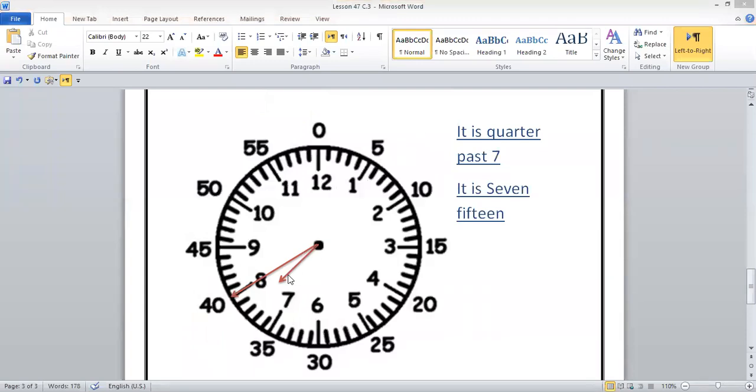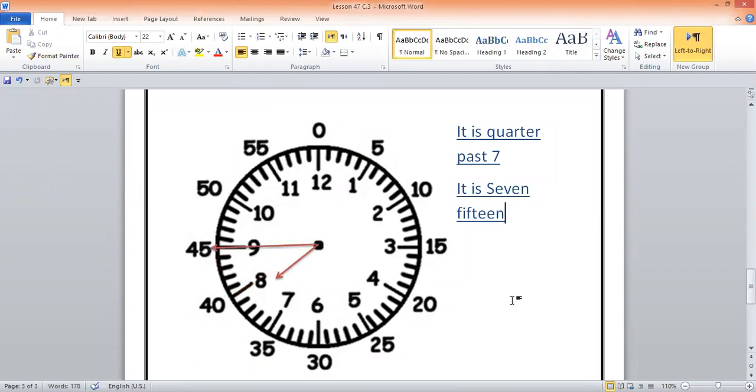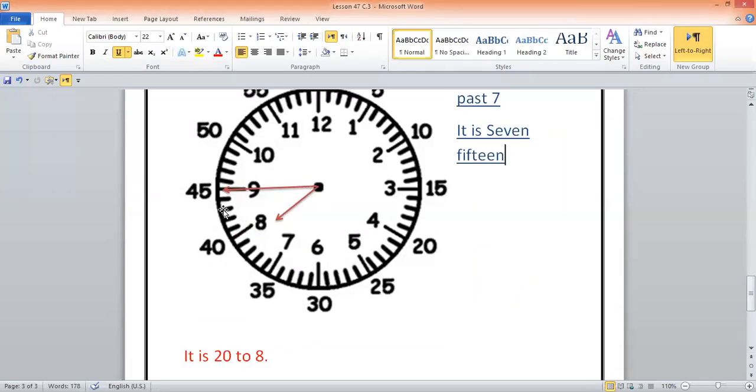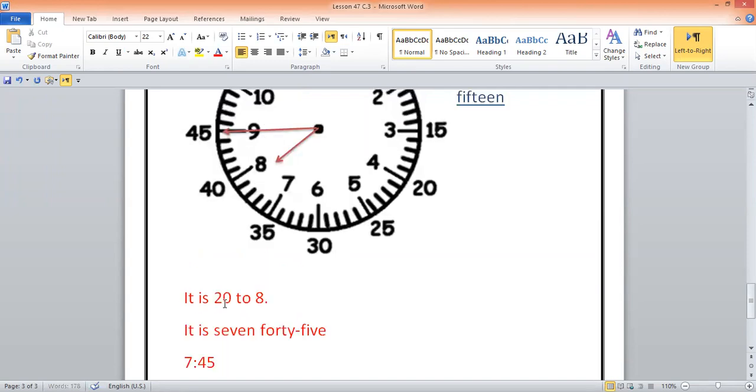Very good. Look, I am going to change the time. It is now at 9. What does that mean, guys? That means it is 7:45. So you can write here it is 7:45, or 7:45 in numbers like this.